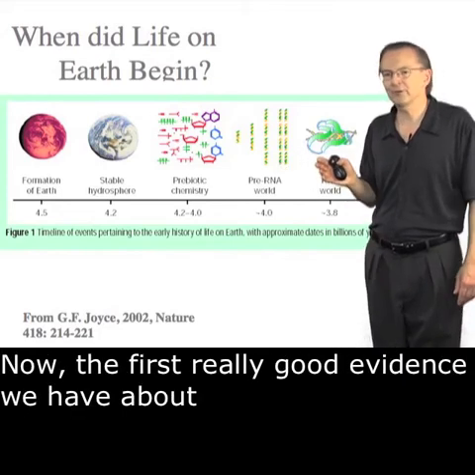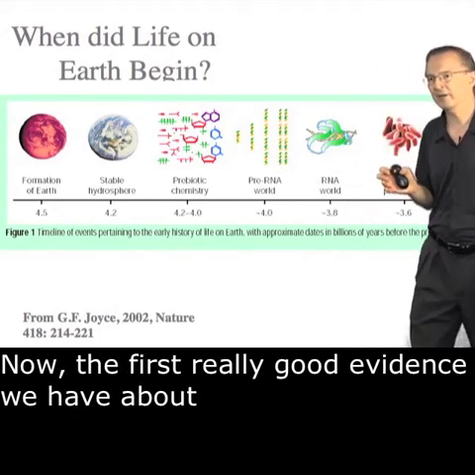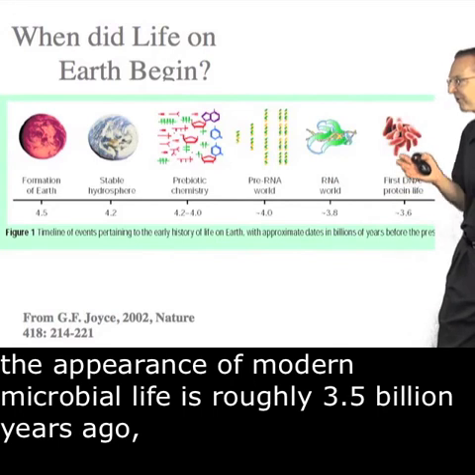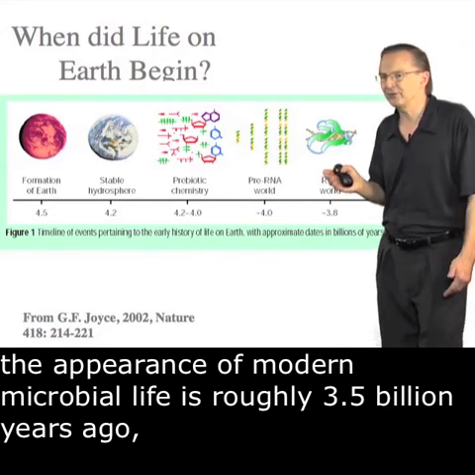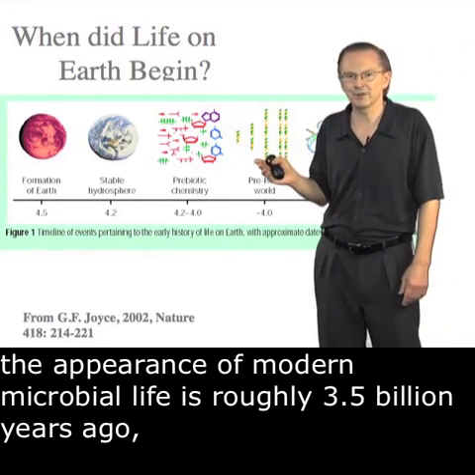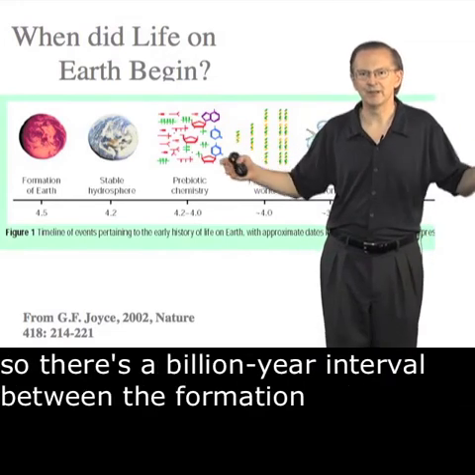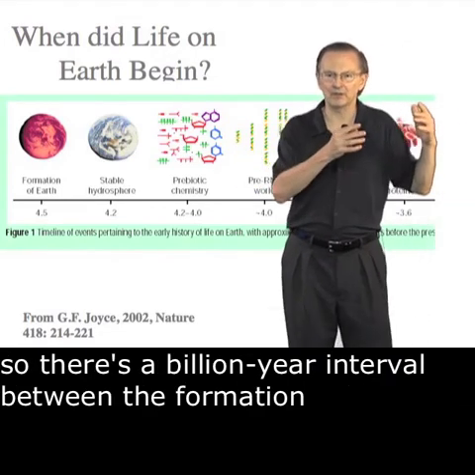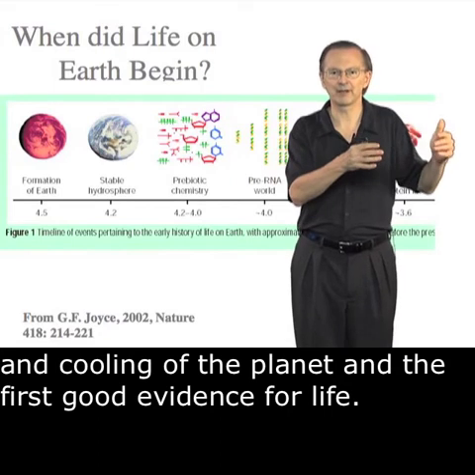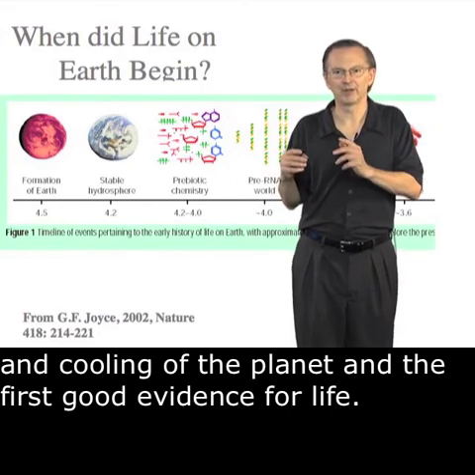Now, the first really good evidence we have about the appearance of modern microbial life is roughly 3.5 billion years ago. So there's a billion-year interval between the formation and cooling of the planet and the first good evidence for life.